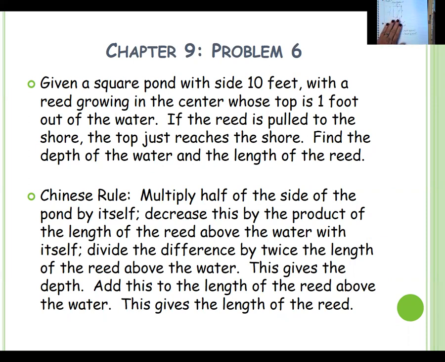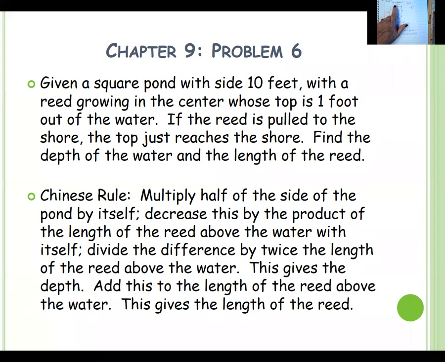So half the side of the pond, that's S over 2, and I'm going to square it. Decrease this by the product of the length of the reed above the water with itself. All right, I'm going to generalize this. Let's suppose, in problems like this, we knew this length was 1.